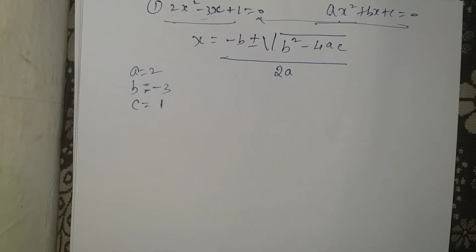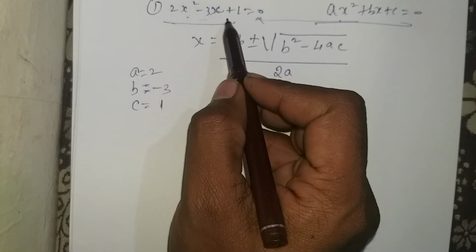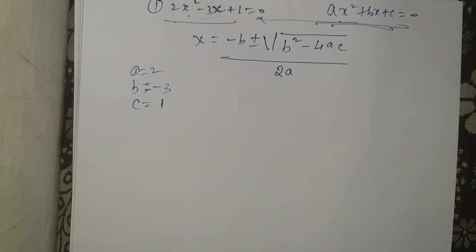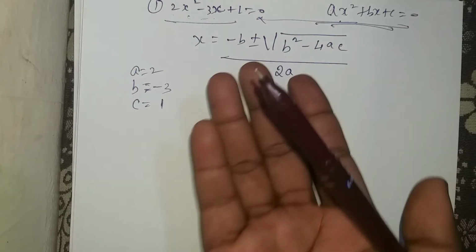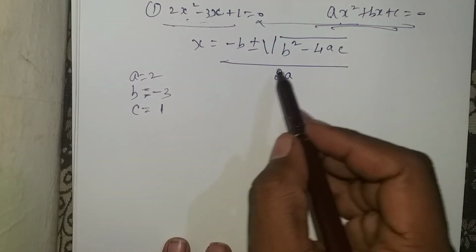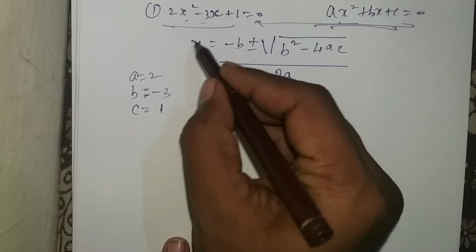If it is not arranged, you need to first arrange this equation to the general form. If any number is missing, you need to put that missing number as 0. Now in the given equation I have the a value, b value and c value. Now I'll substitute these values in the formula to find the x value.